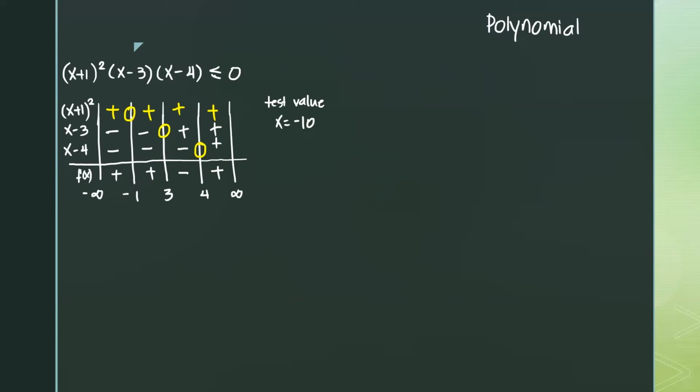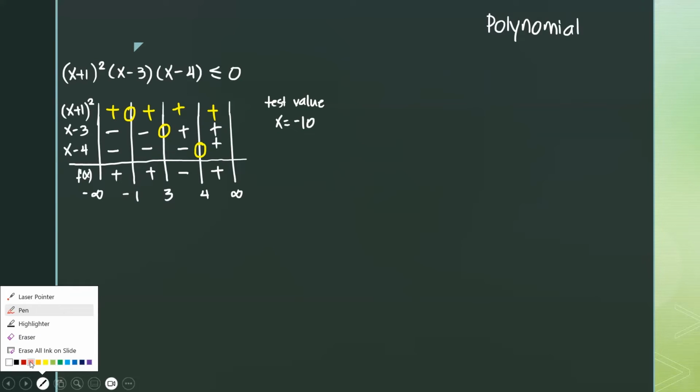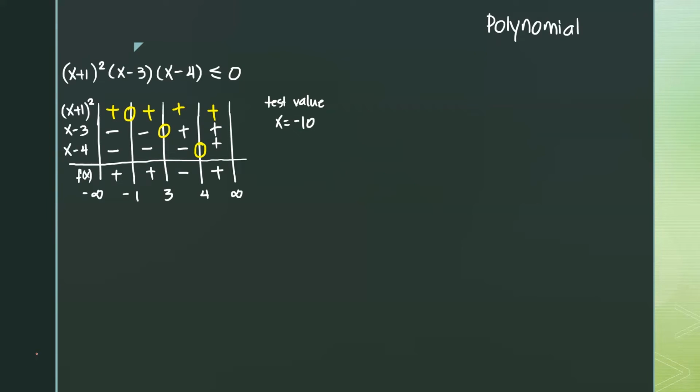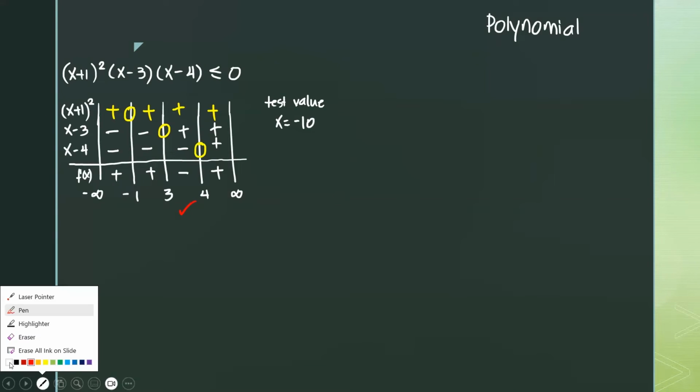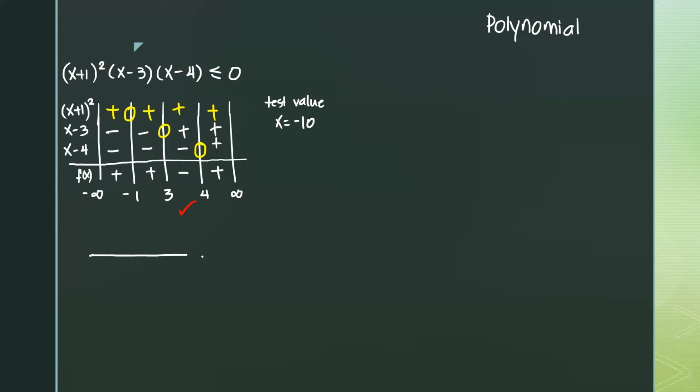My question guys is less than or equal to 0. Saan yung less than or equal to 0 guys? Between, nasa third column. Tama. Pero guys, ito yun. -1, 3, and 4.